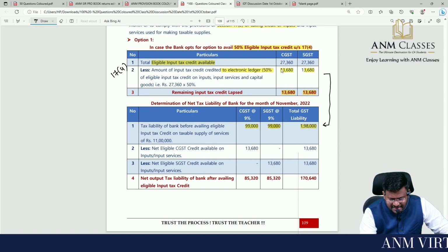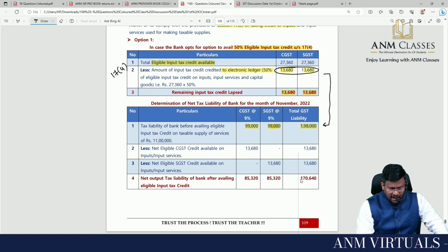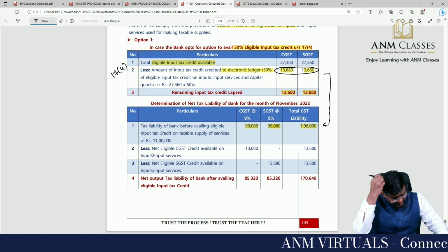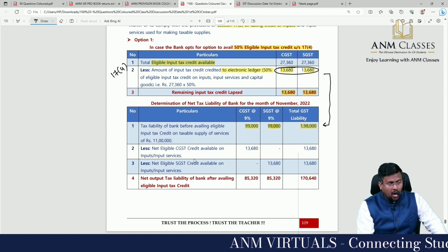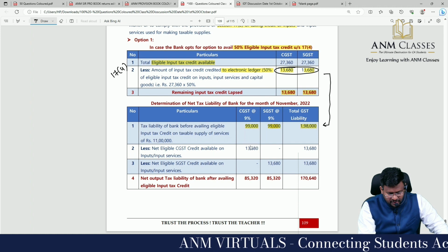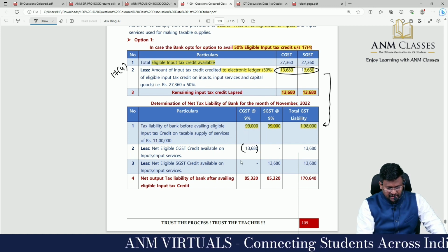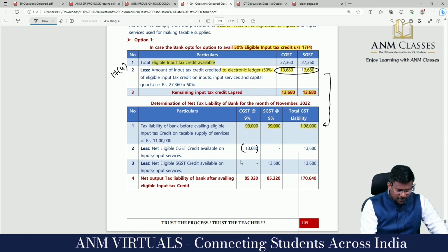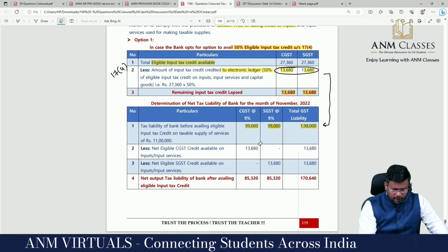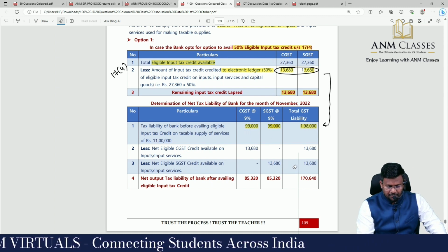In this, have I taken 50% for ECL? Then less net eligible CGST credit available on input services 13,680. Less net eligible SGST credit available on input services 13,680.